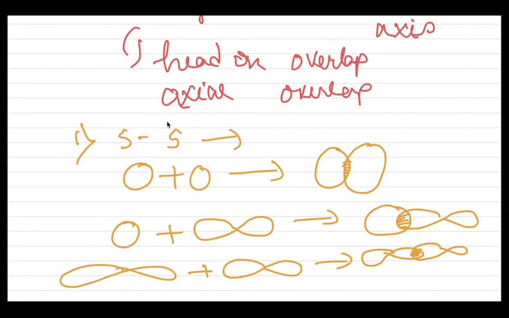This is SS overlap, this is SP overlap, and this is PP overlap. So these are known as sigma bonds. When head-on overlapping takes place along the internuclear axis, that is known as a sigma bond. Clear? What is a sigma bond?